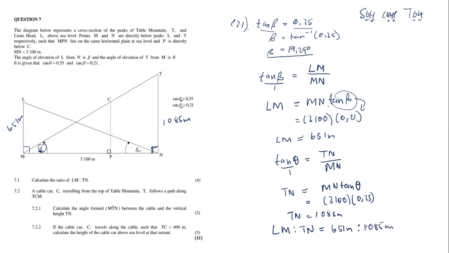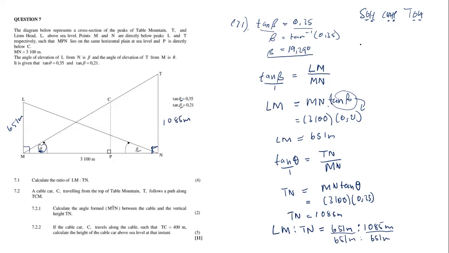Remember, when we are looking for a ratio, we divide with the smallest number. The smallest number over here is 651 meters, and on this side I'm also going to divide by 651 meters.